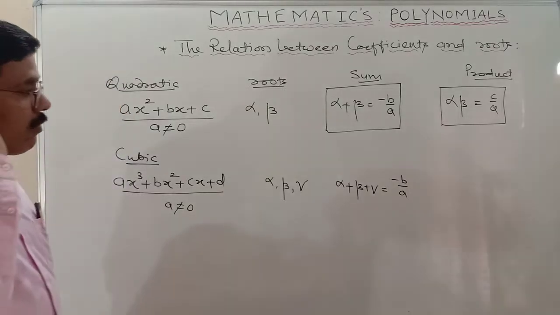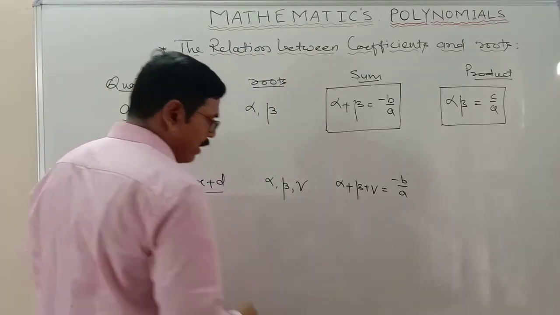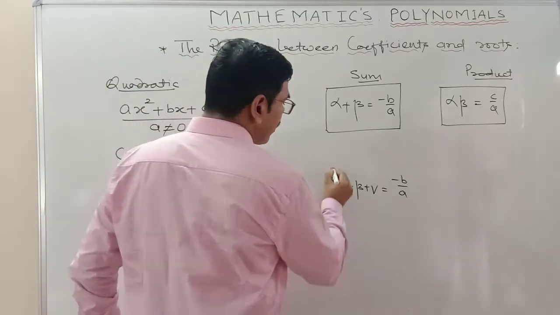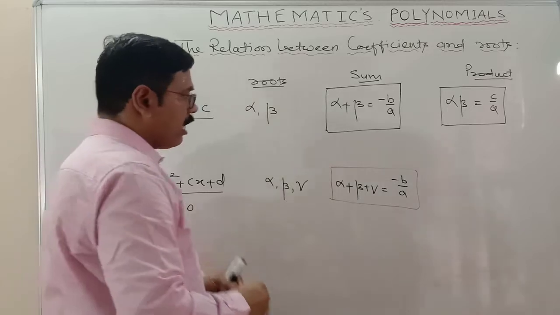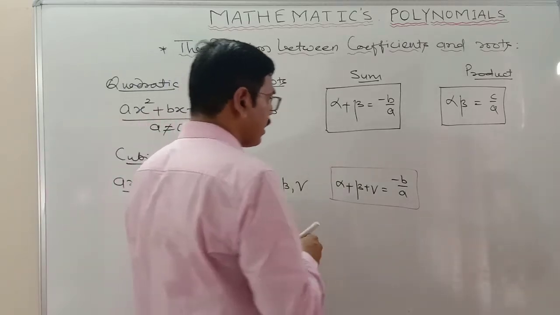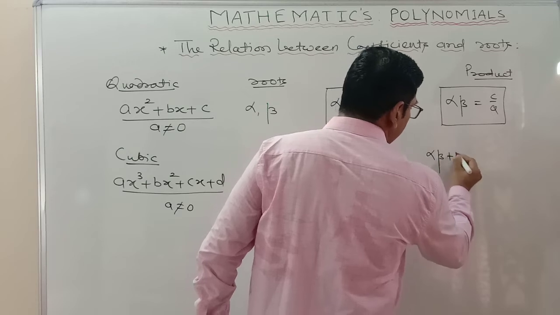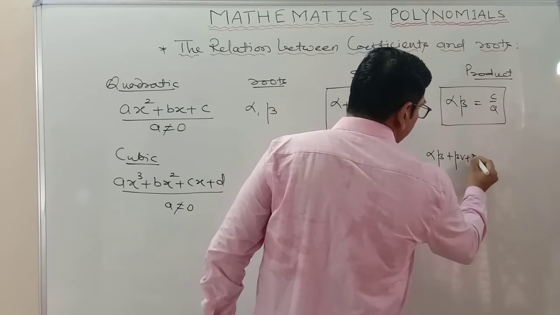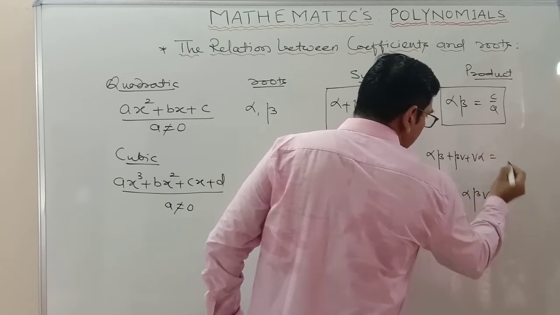Now the product of roots is again defined in two ways here. One is quite simple, alpha, beta, gamma, but the other is a little different: alpha beta plus beta gamma plus gamma alpha, and one is alpha beta gamma.